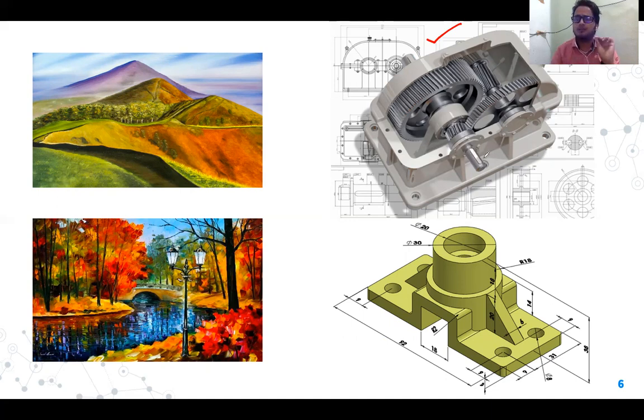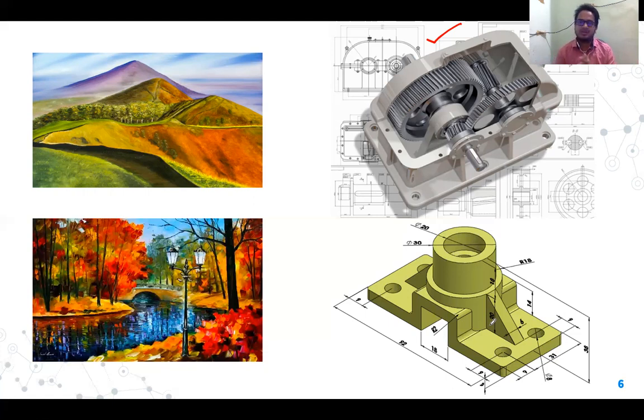So the detail of each and every component is depicted in this 2D diagram, where all the dimensions, what material it will be made of, and what the methods of its manufacturing will be, every piece of information will be given in this diagram. Just below this there is a small component in which you can see the dimensions are depicted, and it is a 3D figure. So on the right hand side, you can see your technical drawings.